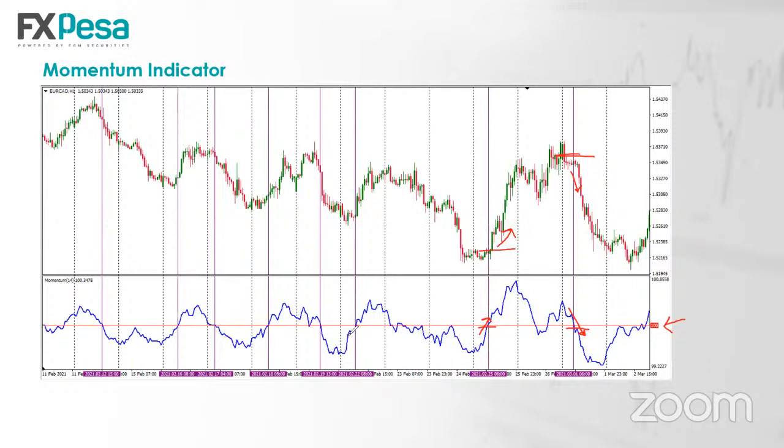And we can cite several cases, like you can see here as well, momentum above 100, and the price lifted off a support level. So a very strong move higher. And this is what we are looking to be in line with our trend or the break of a trend.